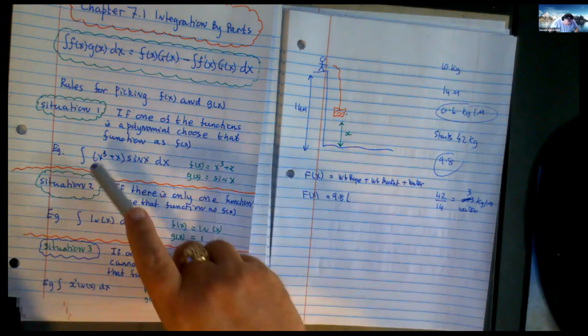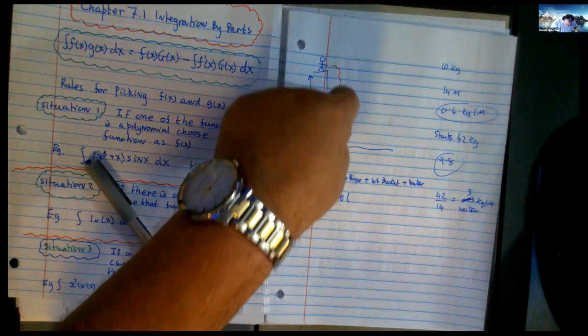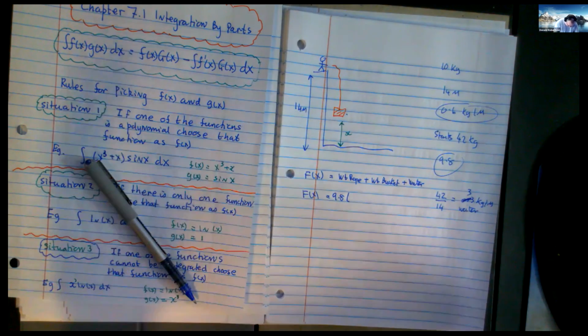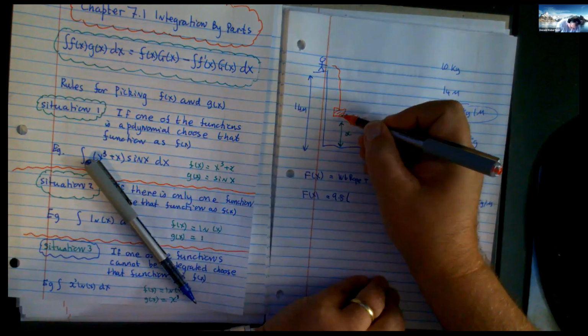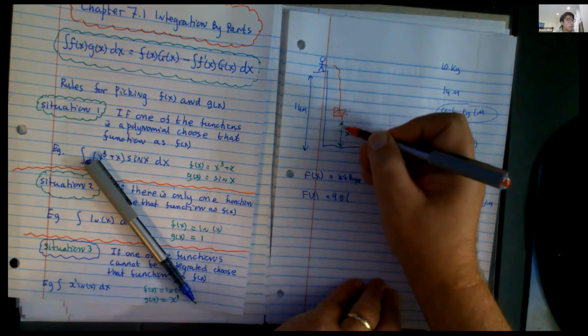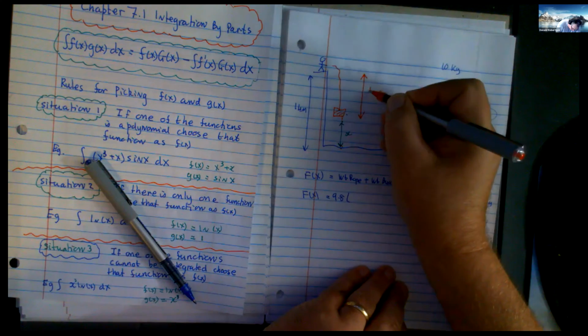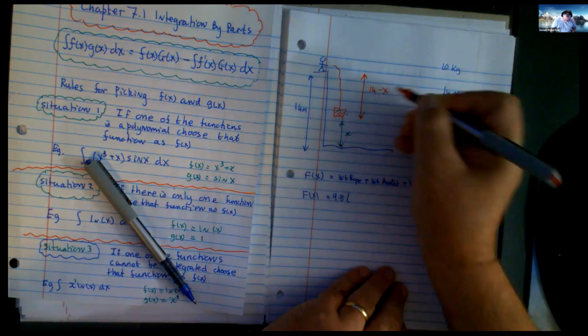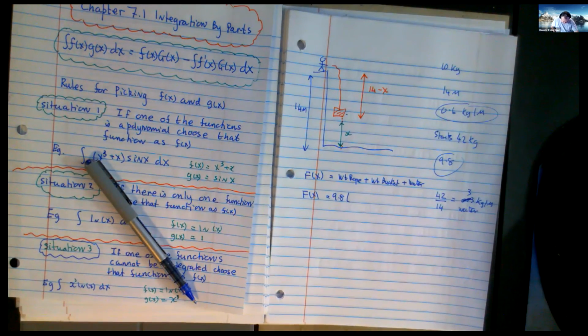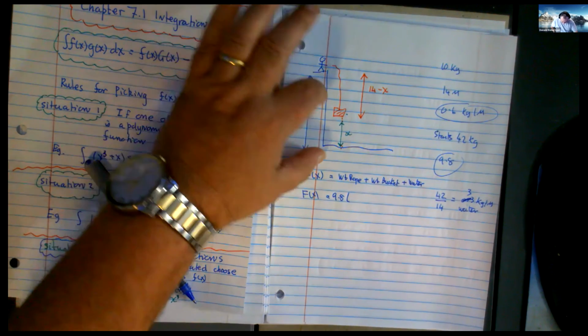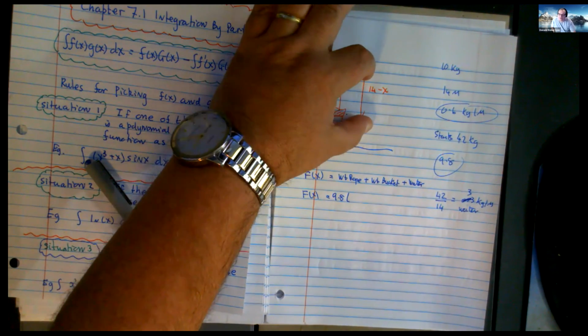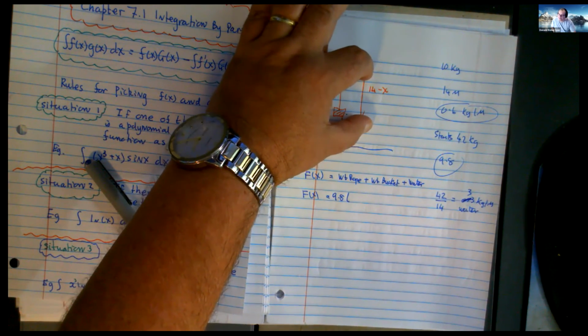Well, I don't like this direction because it's messy to calculate, but we can do it. If from here to here is X, then won't this distance be 14 minus X? That's 14, this is X. Won't this piece here, the rope that's left, be 14 minus X?